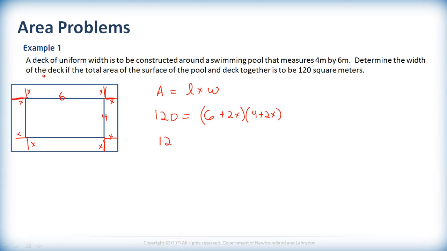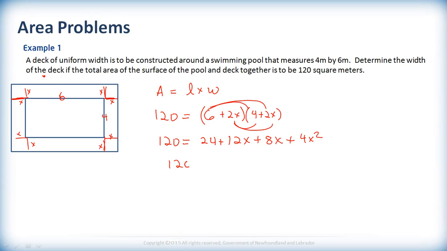So that gives us 120 is equal to 6 by 4 is 24, plus 6 times 2x is 12x, plus 2x by 4 is 8x, plus 2x by 2x is 4x squared.